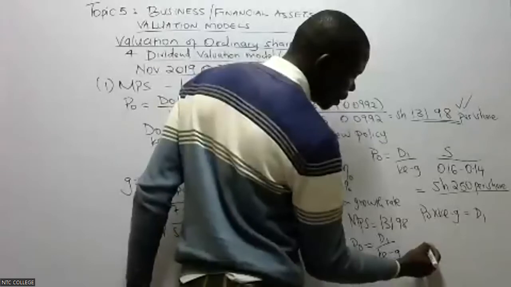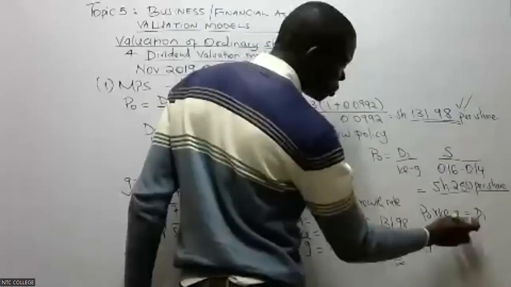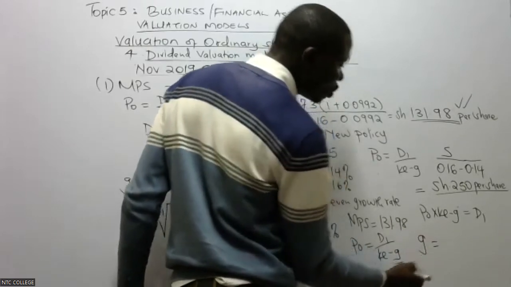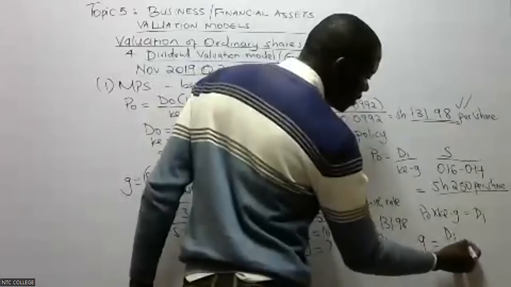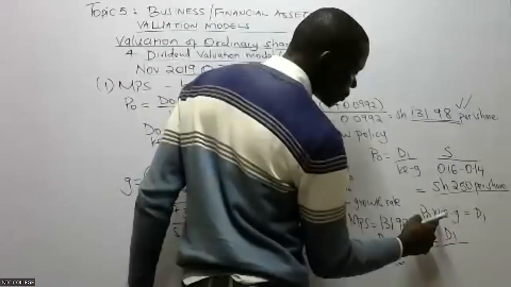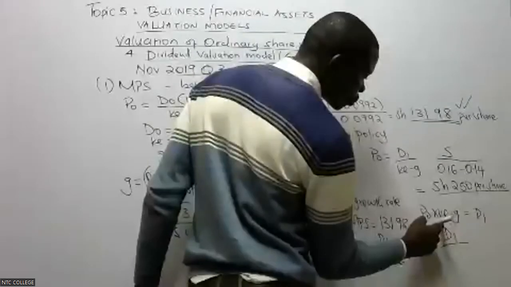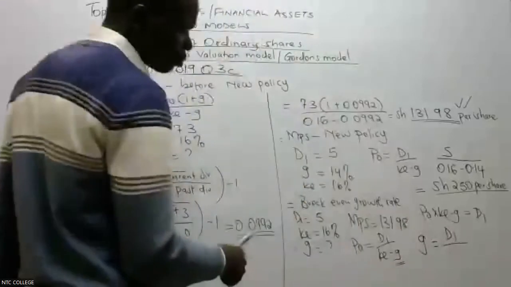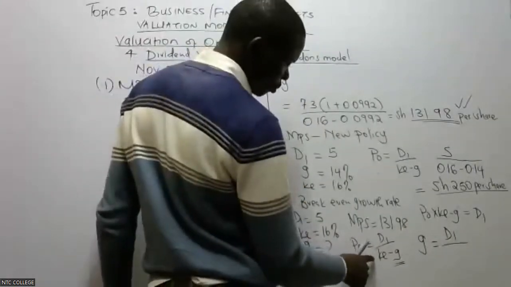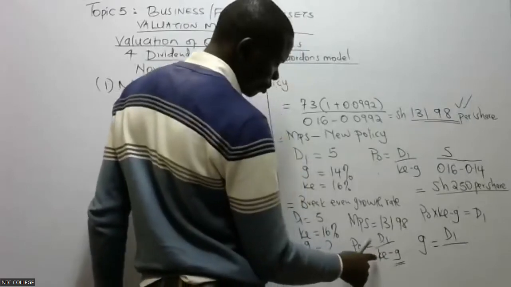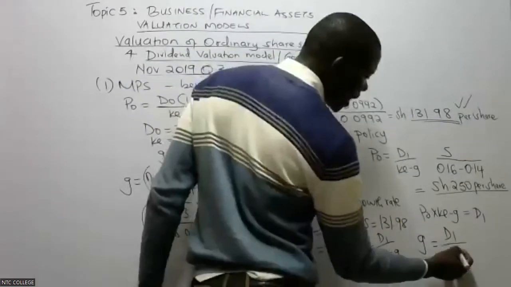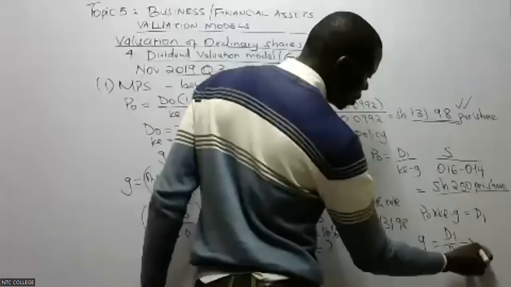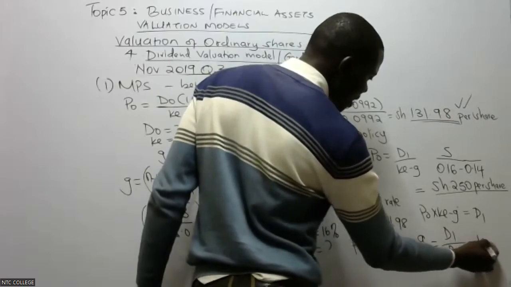So G is equal to D1 divided by P0 minus KE.